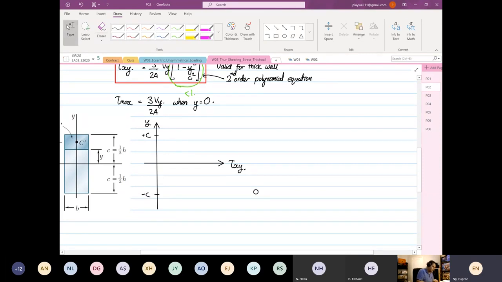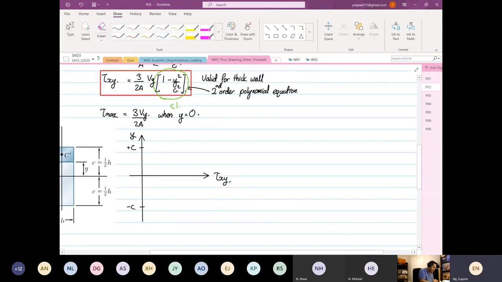Positive C or negative C does not really matter because in the end you squared them. So if we were to sketch this, we are aware that when Y is equal to 0, we have your tau max is equal to 3 Vy over 2A, right?